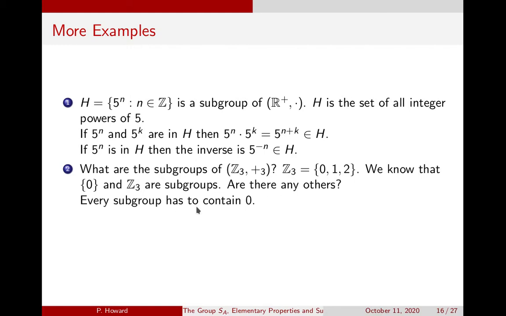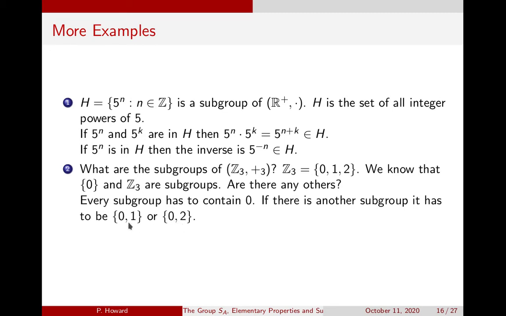Well, every subgroup has to have 0 in it. That we proved earlier in this set of slides. So any other subgroup besides the 2 that I've mentioned, 0 and Z3 itself, will have to contain 0. That narrows it down to 2 possibilities. If there is another subgroup, it has to be either 0 and 1 or 0 and 2.